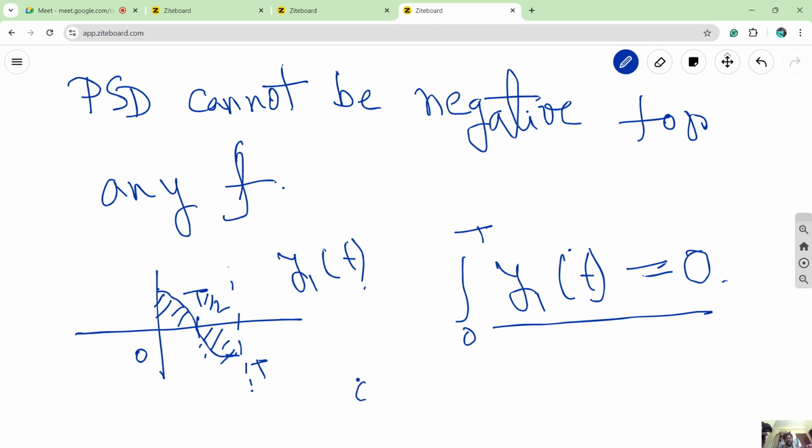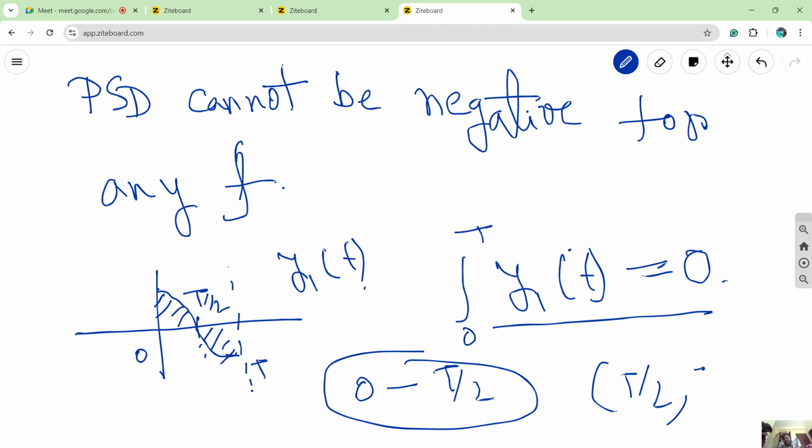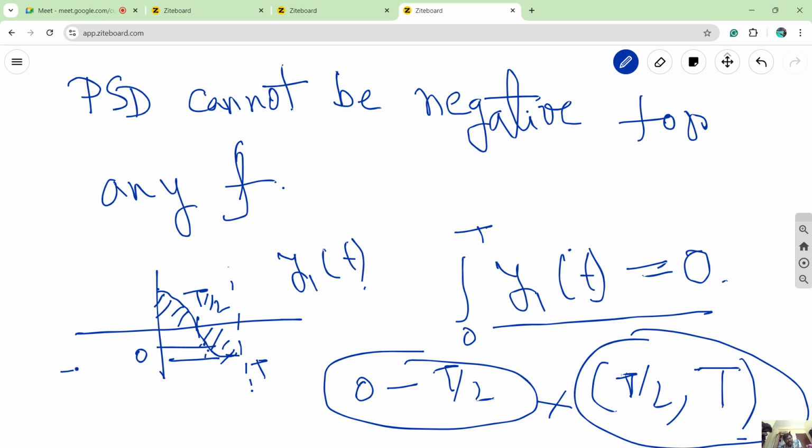Because the part from 0 to T by 2 and T by 2 to T cancel out each other. But for that, the signal should have negative y-axis values. But for PSD, it cannot be negative.